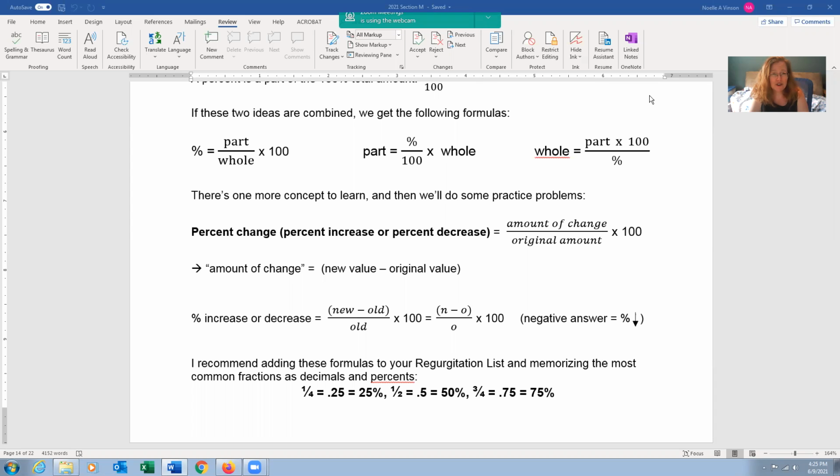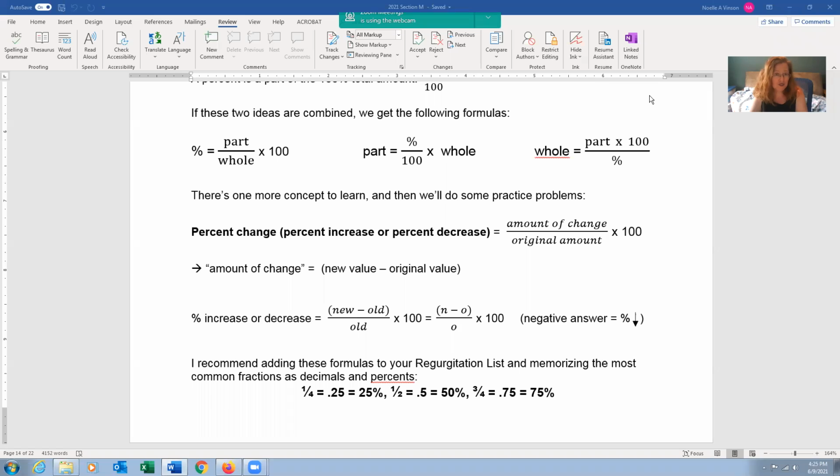There's a reason why I put it in parentheses. It equals, then divide by the old number. So subtract first and get an amount, then divide by the old or the original value. And to finish it off, multiply by 100 for the percent. What I end up writing on my paper is parentheses n minus o over o times 100. So it's quick for me to write down.